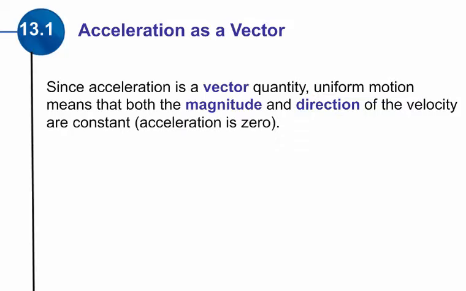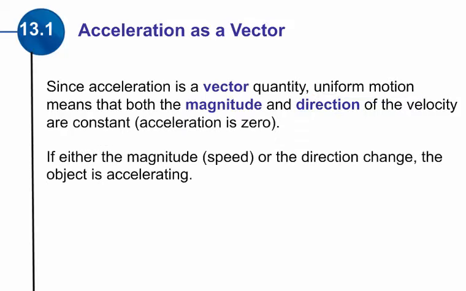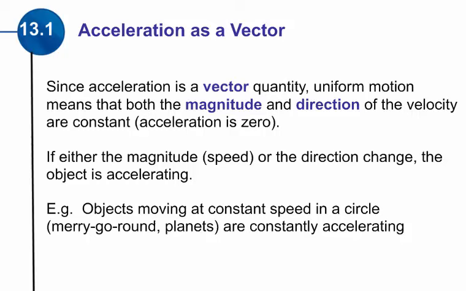In this case, the acceleration would be 0. Now, if either the magnitude, which is really just the speed, or the direction changes, then the object is accelerating. You may have experienced this kind of acceleration anytime you go in a circle. An object moving at a constant speed in a circle is constantly accelerating because it's constantly changing its direction.